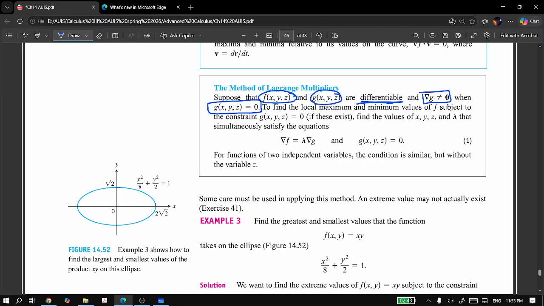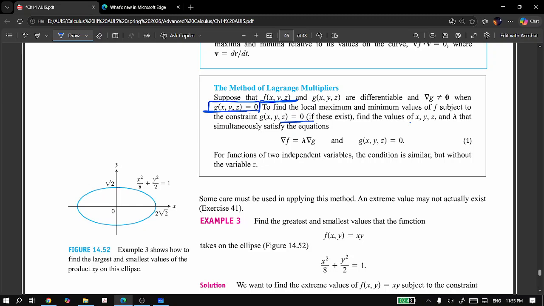And we have got the function g equal to 0 with the condition that grad f is not equal to 0, to find local maximum and local minimum according to that constraint of g. So we are finding max and min for f with the condition that g is equal to 0.